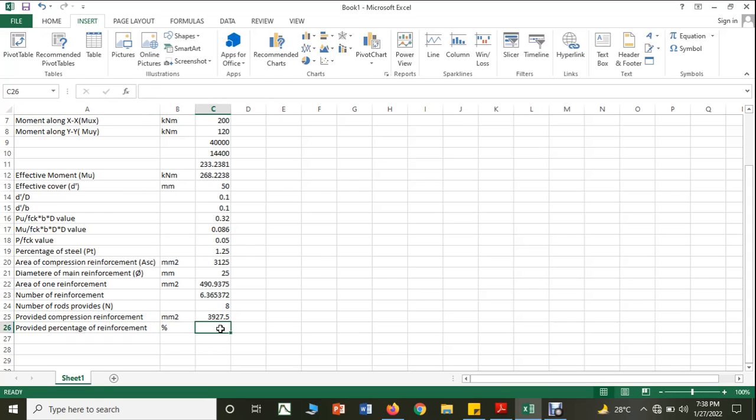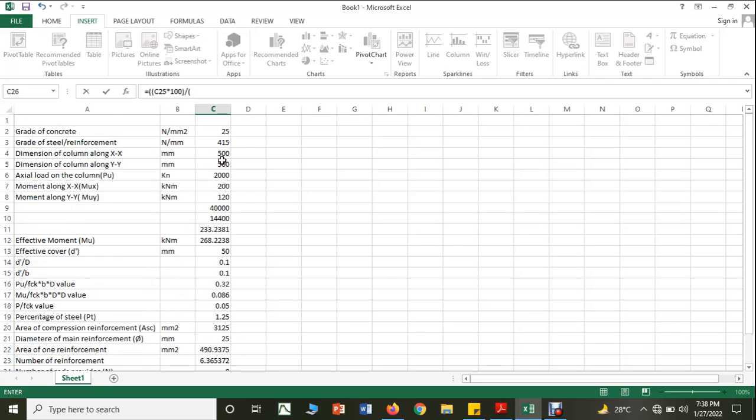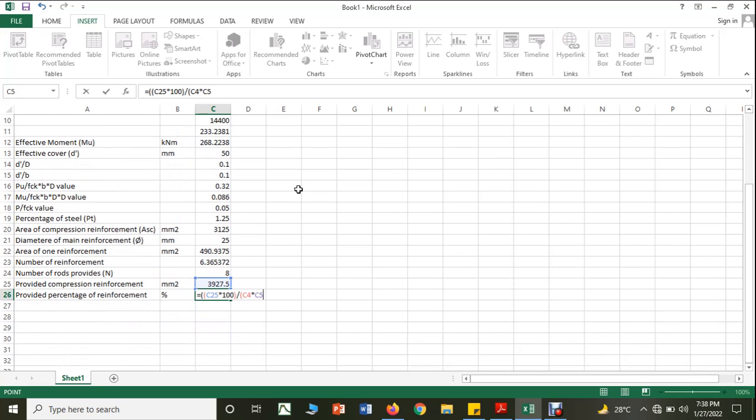That will be equal to this 3925 into 100 divided by B into D, so that will be 1.57. So that will be the percentage of reinforcement.